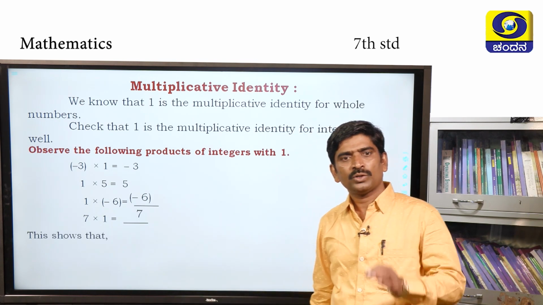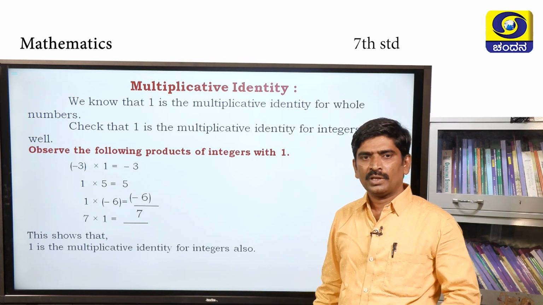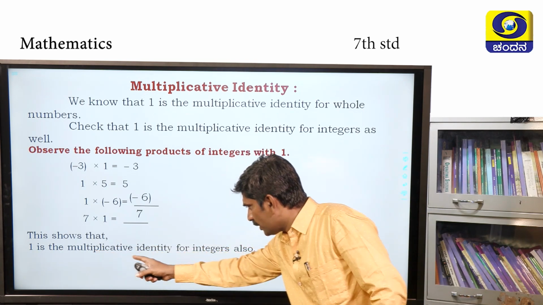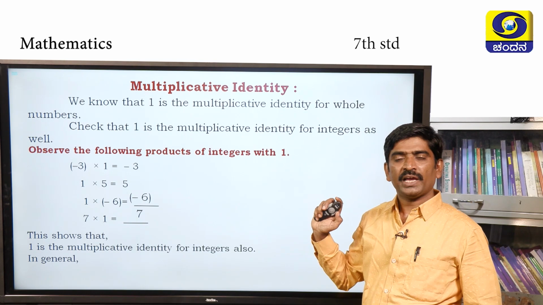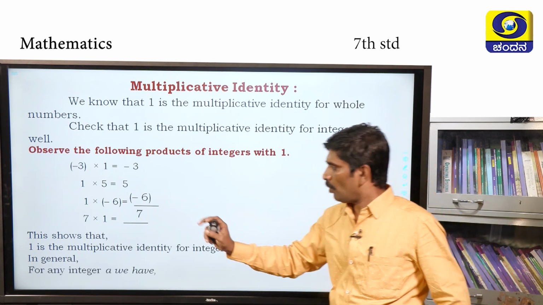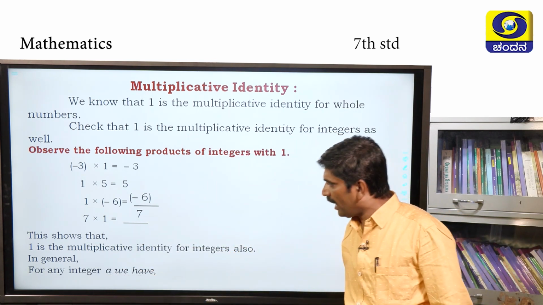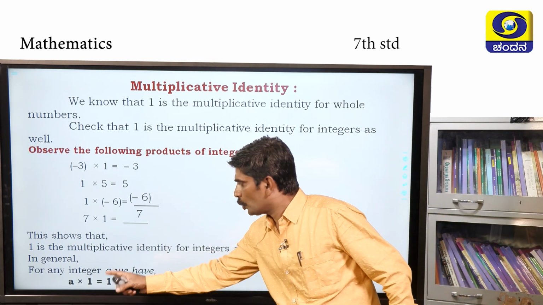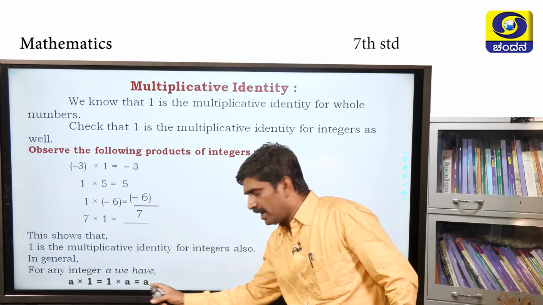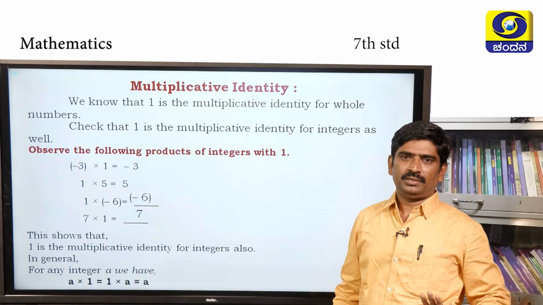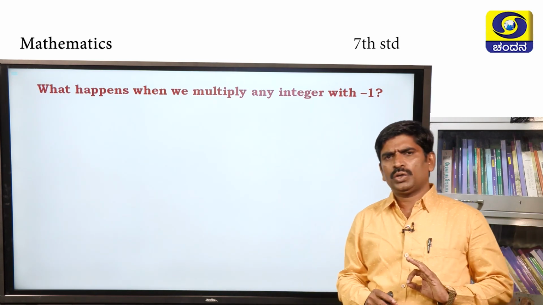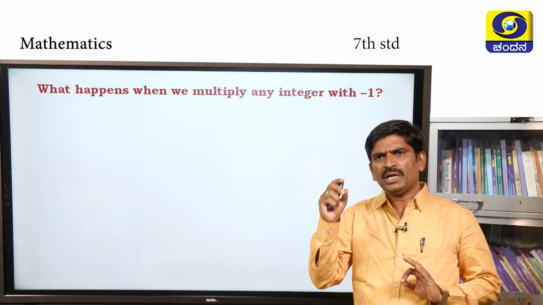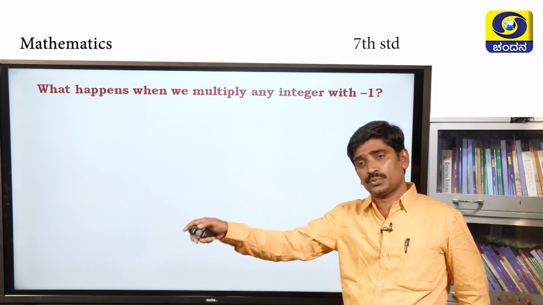This shows that 1 is the multiplicative identity for integers also. In general, for any integer a, we have a into 1 is equal to 1 into a, that is equal to a. Next, what happens when we multiply any integer with minus 1?